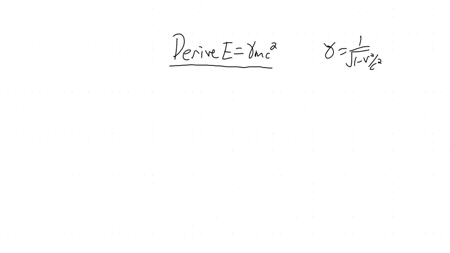You could do a relativistic collision where you have two balls colliding at different speeds near the speed of light. And when they move away from each other, energy and momentum have to be conserved.